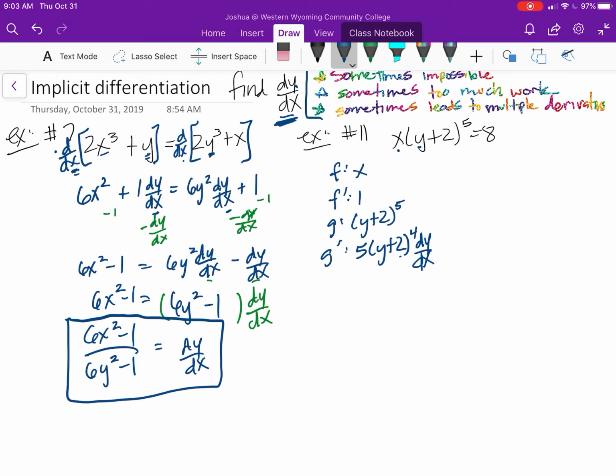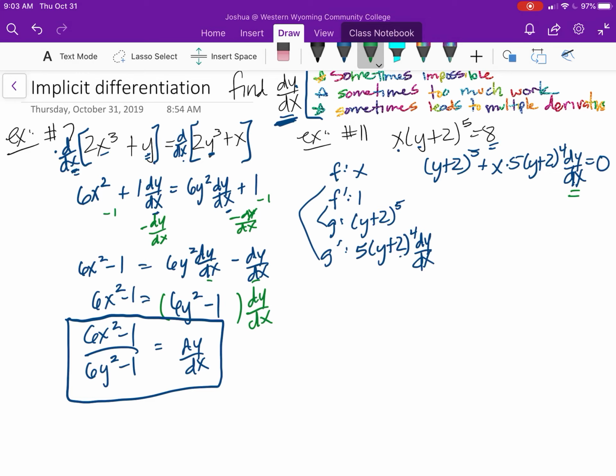So now product rule. F prime g, so that's just 1 multiplied by y plus 2 to the 5th, plus fg prime, x multiplied by 5 y plus 2 to the 4th, dy dx. And the derivative of the right-hand side is just a constant, is 0. Okay?